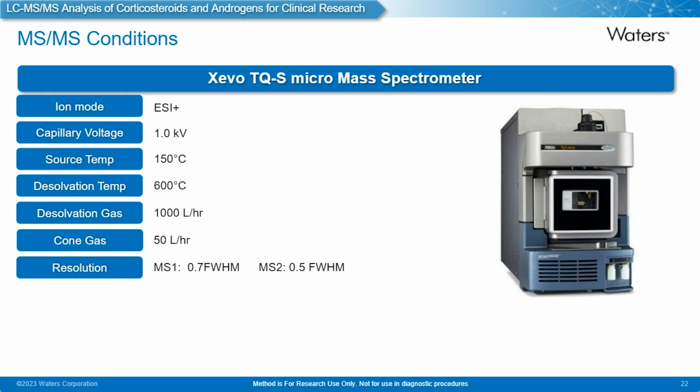And just moving to the bottom, unit mass resolution on the MS1. And also, we just narrow the resolution slightly in MS2. Sometimes we do this just to help improve the selectivity of the assay to a certain degree at the lower end of the concentration range. This can sometimes help reduce some of the background noise associated with this type of analysis, and then can improve your signal to noise.